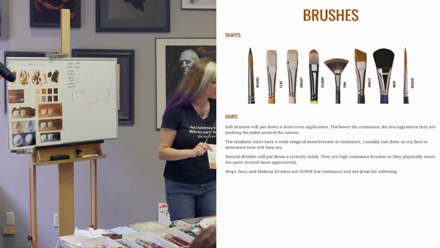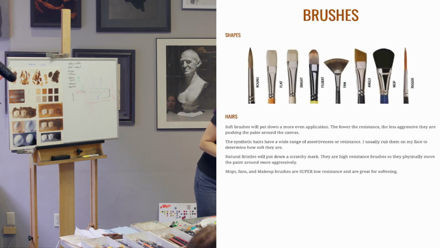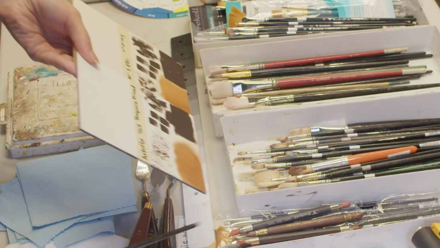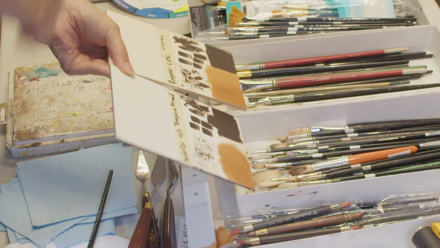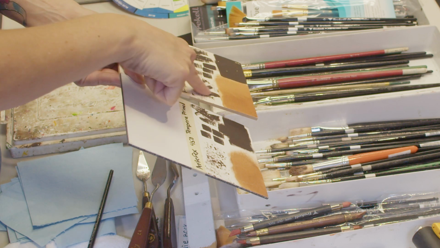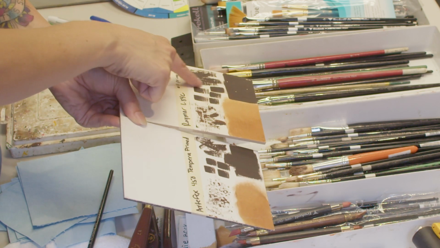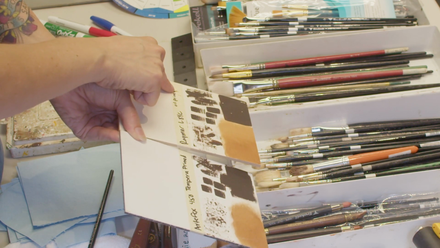So we'll talk about surfaces in a minute, but this is an example of the different marks that different things will make. If you look at these panels, I was trying to find a new surface, and I was testing it out with a thin application with a palette knife, a thin application with one of my soft brushes, and a thin application with a bristle brush.